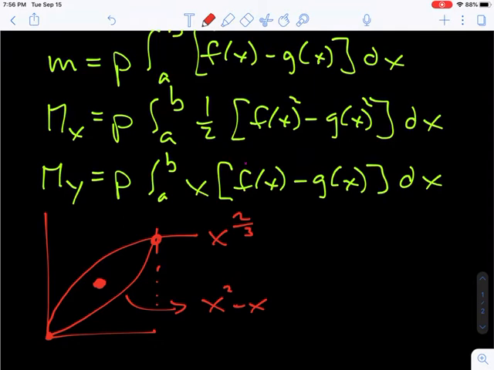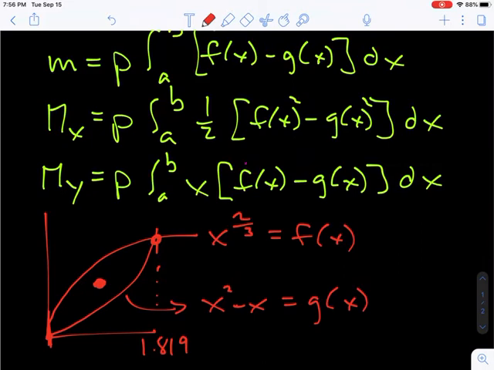We need to know which one is on top and which one is on the bottom. And they do not cross in this area between x equals 0 and x equals 1.819. So that just means that this is going to be my f of x, and this is going to be my g of x in all of these formulas.